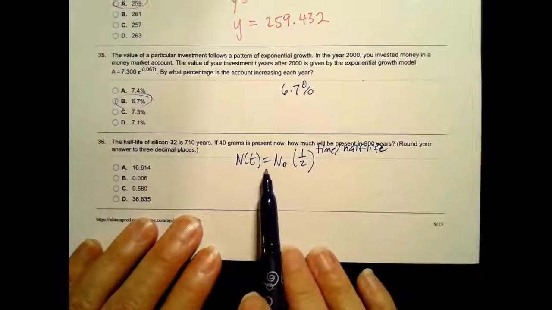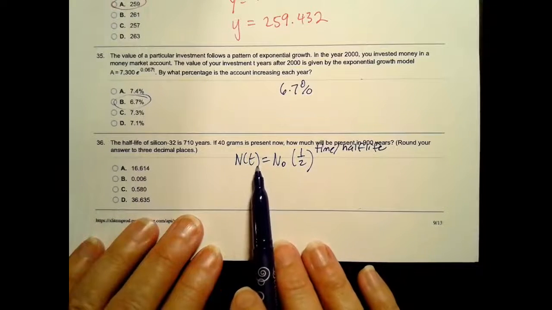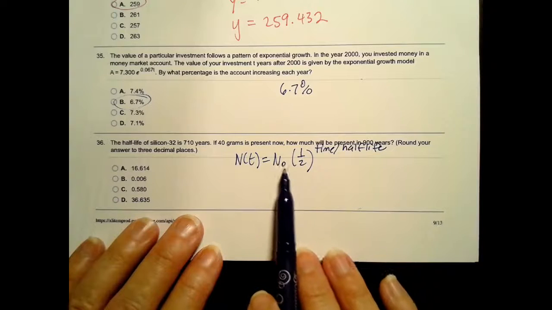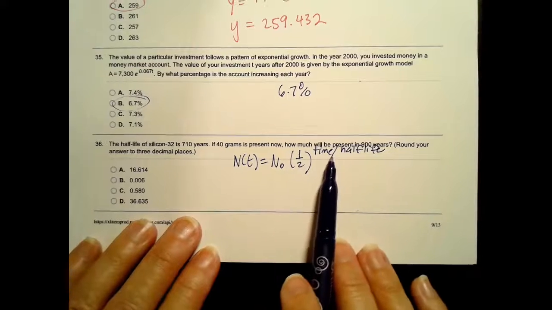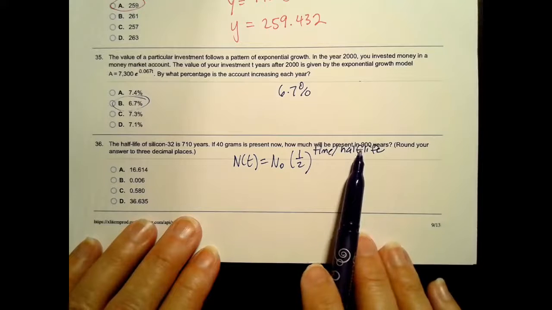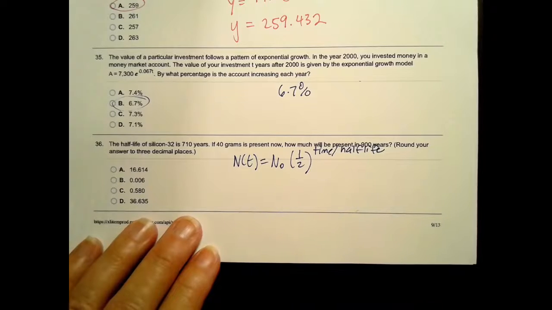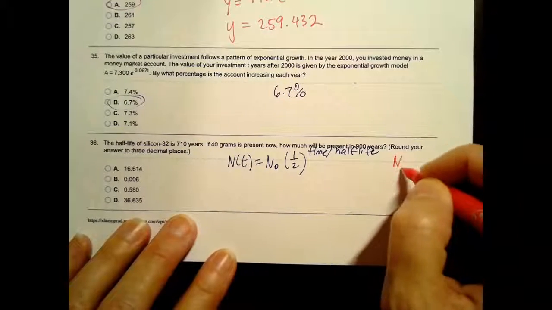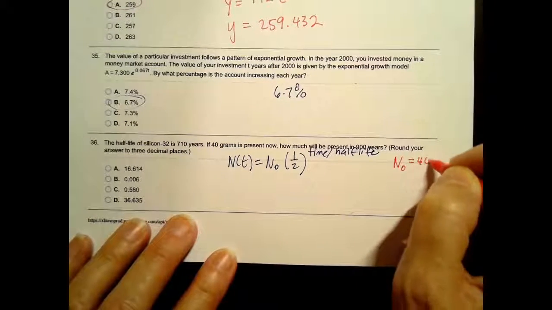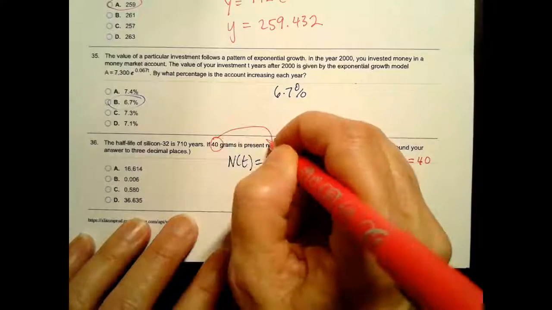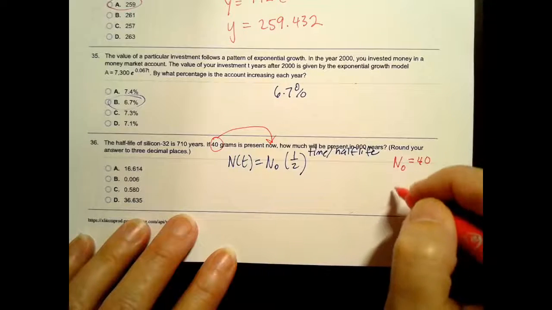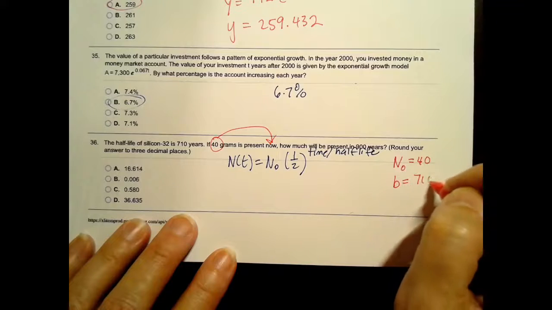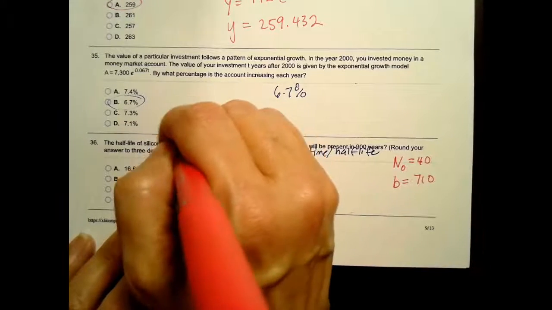So my formula says n of t is equal to n naught, which means that's the starting amount, times 1/2 raised to the time divided by the half-life. So reading my problem, my n naught was equal to 40 because it says it has 40 grams now. My half-life was 710.